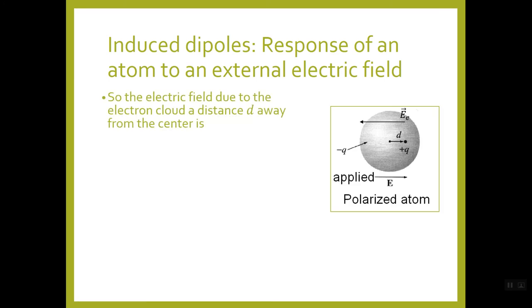In this case, the electric field due to the electron cloud, if we're a distance d away from the center, is going to be 1 over 4 pi epsilon naught, q over a cubed, where our radius is a, times d. And I think this should be E sub e, not E sub a.